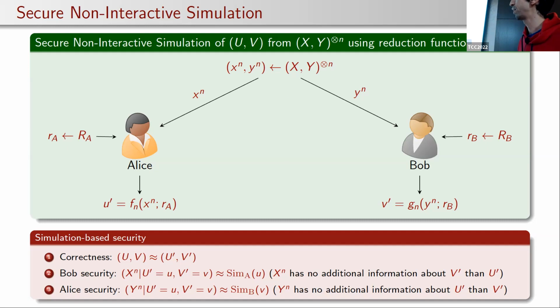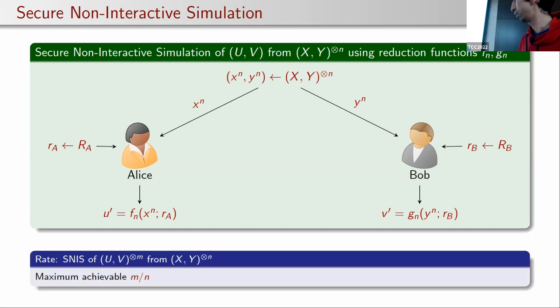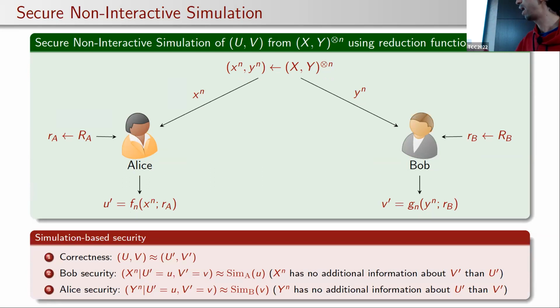More specifically, suppose Alice is given X^n, Bob is given Y^n, which are n independent samples of the source distribution. We want to see whether there are reduction functions f_n and g_n, such that when Alice and Bob apply those reduction functions on their marginal samples, the distribution of the output U'V' is close to the target distribution UV.